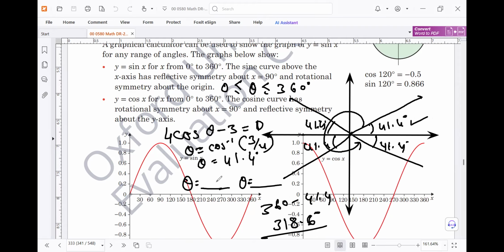So one I got is 41.4, the other is 318.6. Are you getting the same value? 0.75, or 0.7501 something you will get. Cos of 318.6, right? 0.7501, correct.